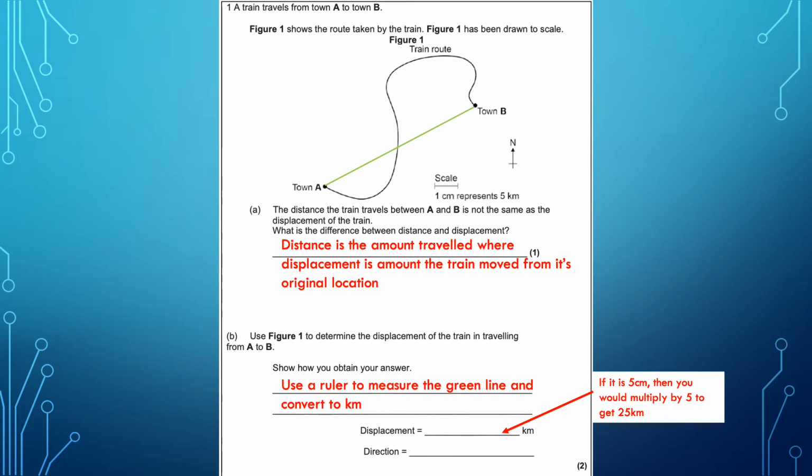That's your displacement, the actual displacement of this train. And since we're talking about a displacement, we always have to add a direction, and they do add north in the diagram in figure 1. North is pointing straight up, and since the displacement is going slightly to the right, we're going to call that northeast. So it does pay a little bit to know your directions: north, south, east, and west.